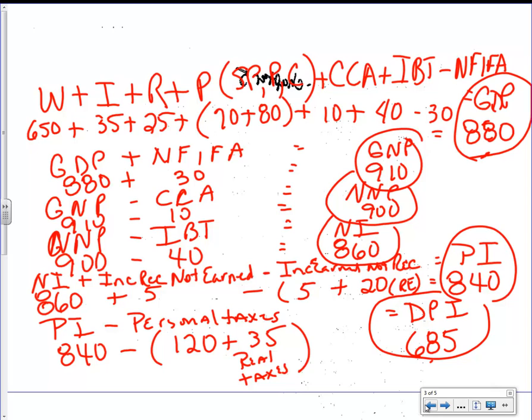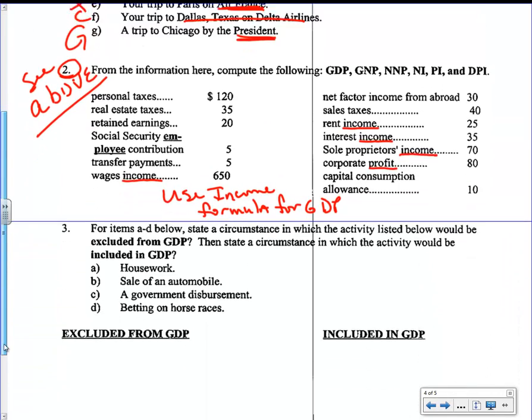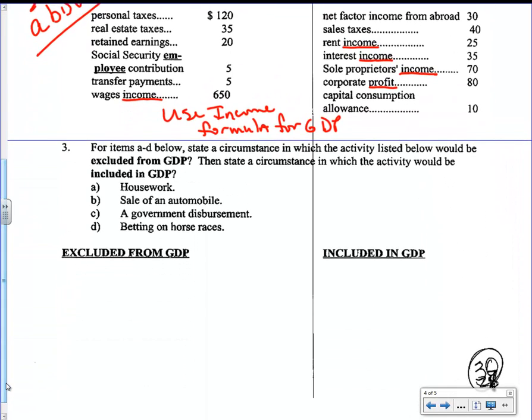Okay, let's go back to that page. And let's come down to the bottom for problem number 3. Now it says, give an example of when this would be excluded from gross domestic product and when it would be included in gross domestic product. So the first item we look at is housework. Housework is excluded if you do it yourself.